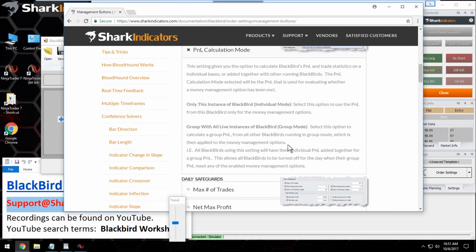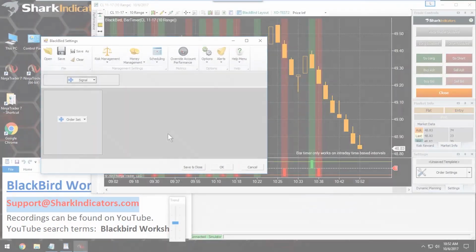Yeah, that global mode definitely would make it easier to stay within their daily max losses and whatever kind of daily requirements Top Step has for their traders. That global mode will make it easier to make sure that your strategy's not breaking the bank or violating their requirements.